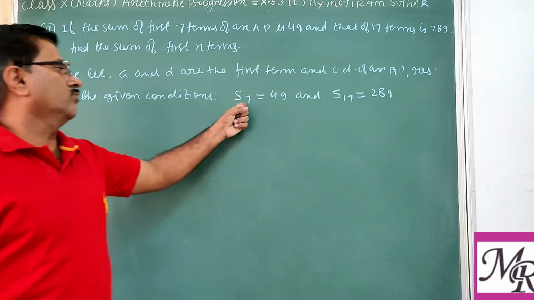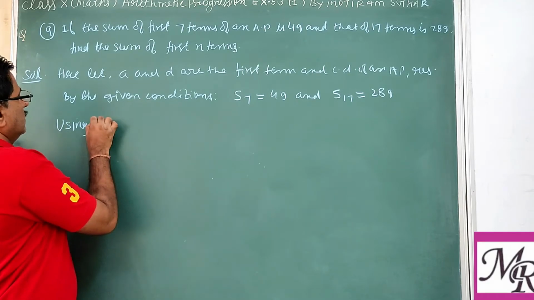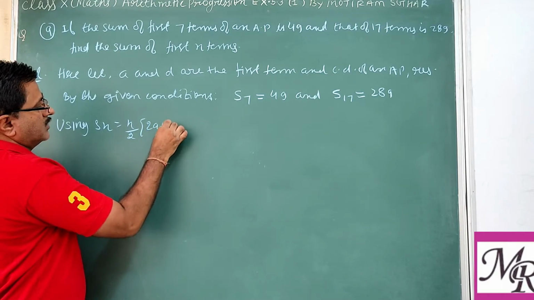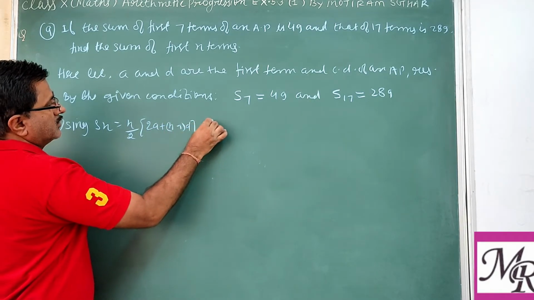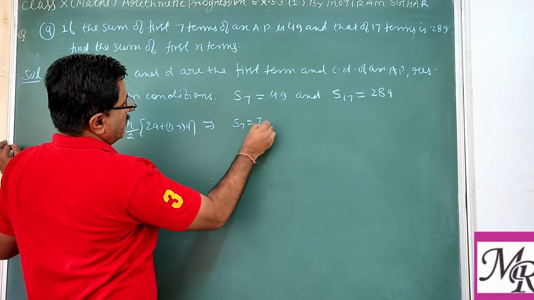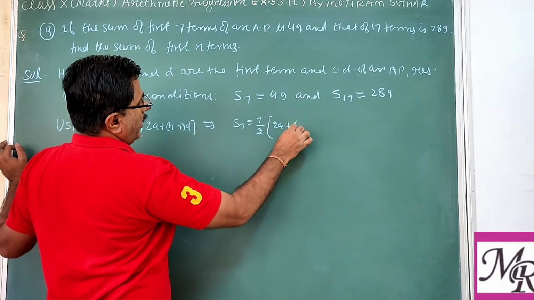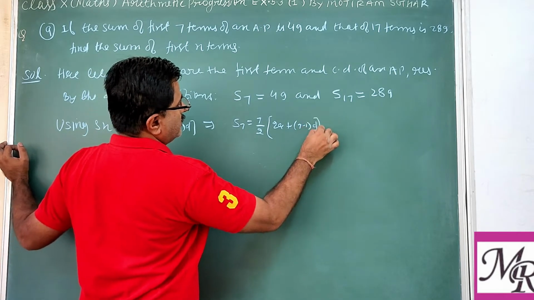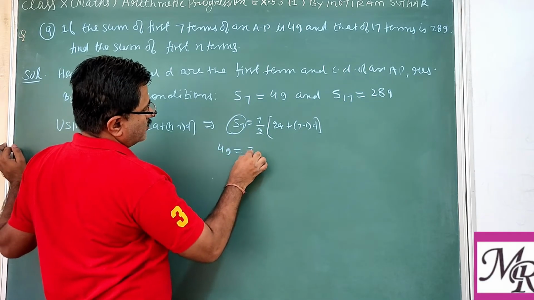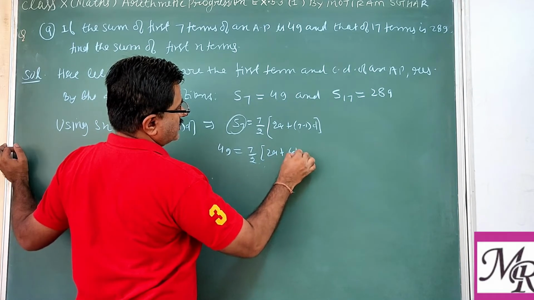So we use the formula of Sn in both. So using Sn equal to n by 2, 2a plus n minus 1 into d. That is S7, n as 7, 7 by 2, 2 into a, n is 7 minus 1 into d. And for S7 we put the value 49 equal to 7 by 2, 2a plus 7 minus 1, that is 6d.